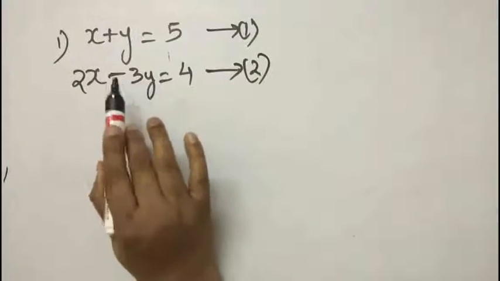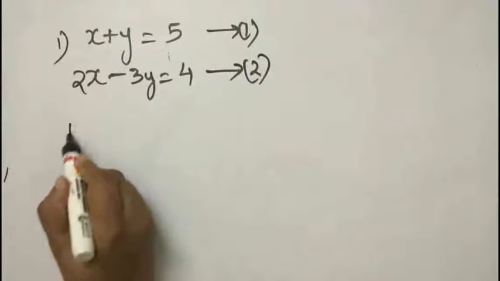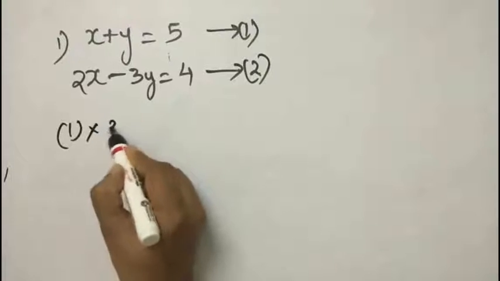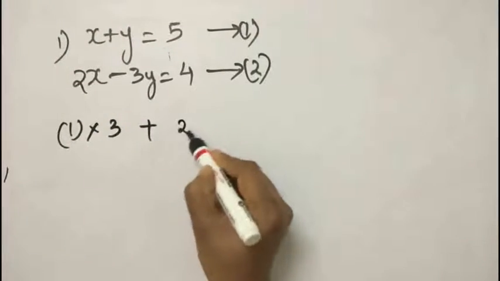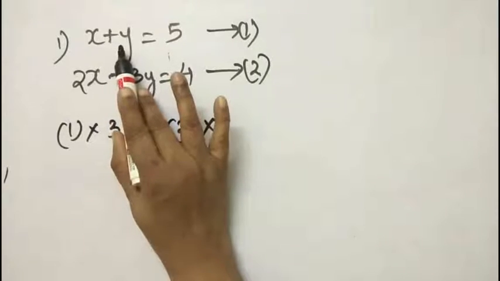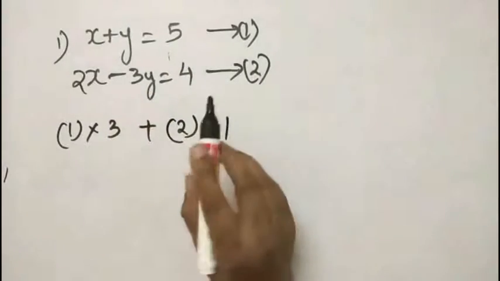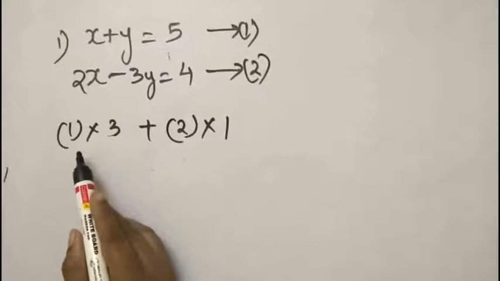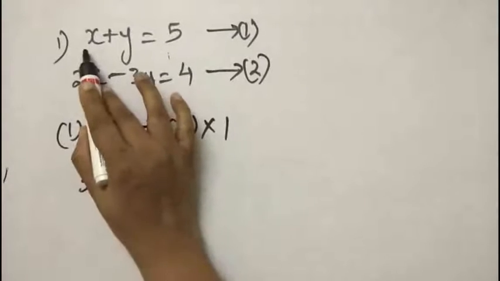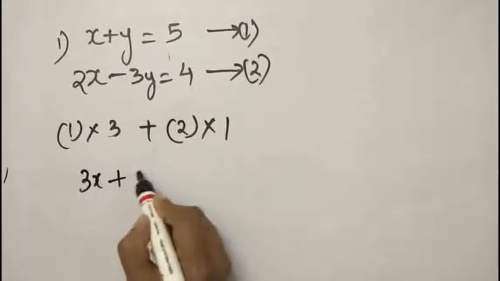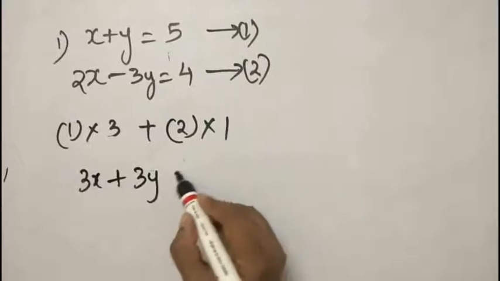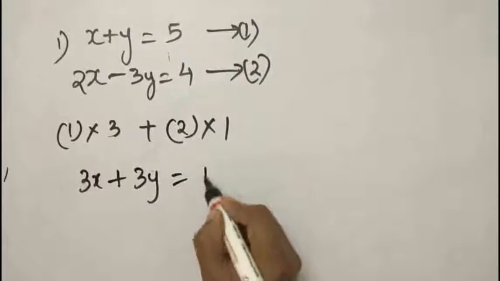Multiplying equation 1 with 3, you will get 3x plus 3y equal to 3 into 5, which is 15.